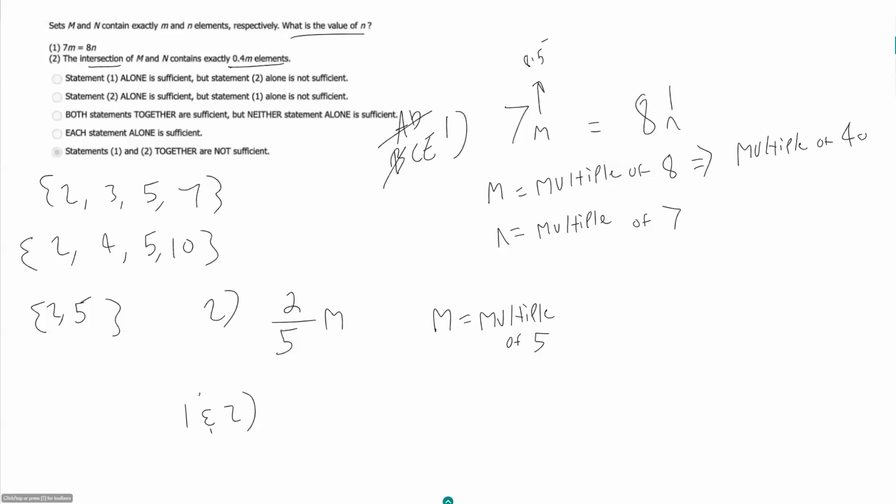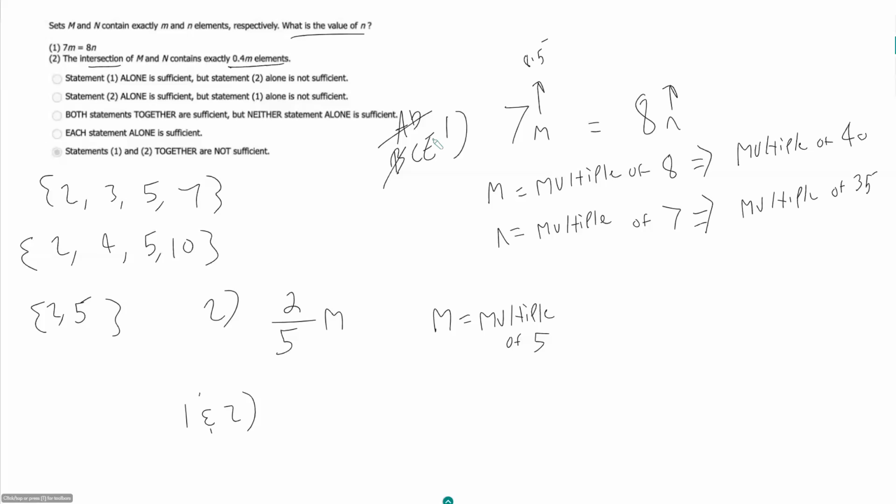Now our N also must contain a 5, to make up for the 5 over here, because that 5 is not coming from our 8. So N is not just a multiple of 7, it's a multiple of 7 and 5, which means it's a multiple of 35.